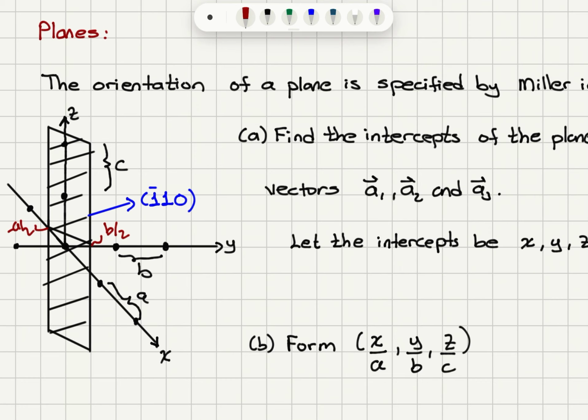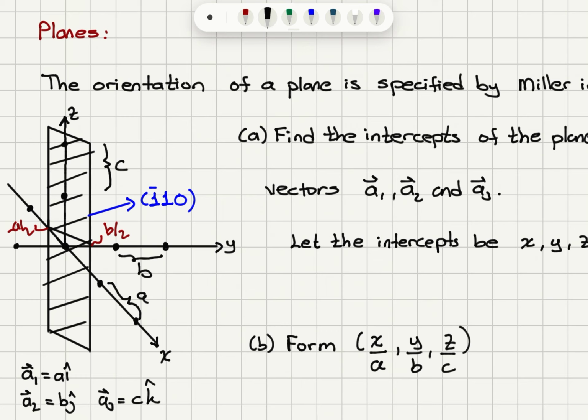Because the distance between two lattice points on the y-axis are b, on the x-axis are a, on the z-axis are c. So you will have, therefore, a1 vector here is a i hat, a2 vector here is b j hat, and a3 vector here is c k hat.